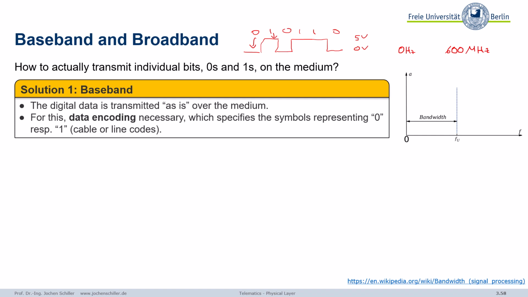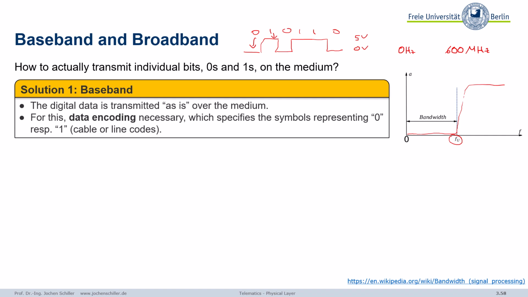So that's baseband. So you have a certain bandwidth that goes from 0 to an upper frequency. So that means the attenuation here is pretty low, and the attenuation then goes up somewhere here. So it's not a sharp cutoff, but that's how it typically looks.